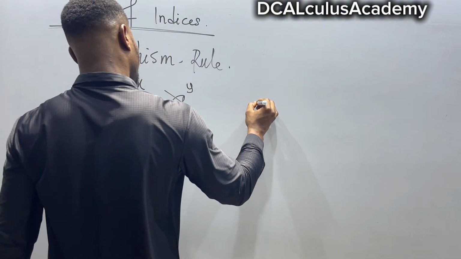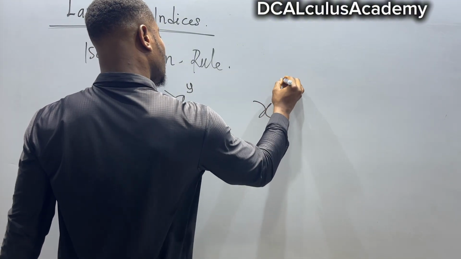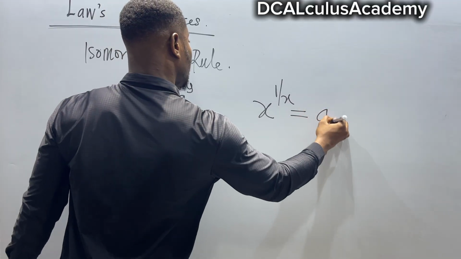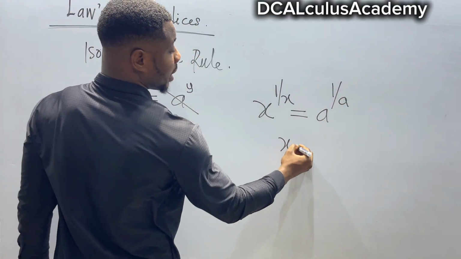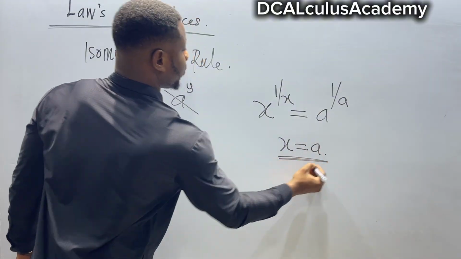In the same way, if I have x to the power of 1 over x is equal to a to the power of 1 over a, it simply tells me that x is equal to a.